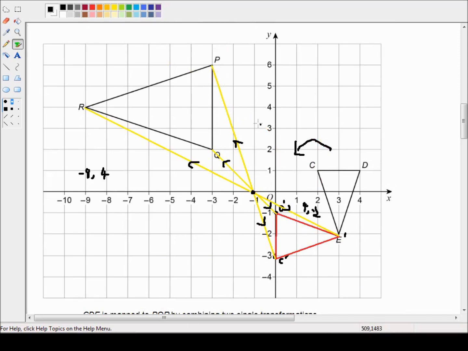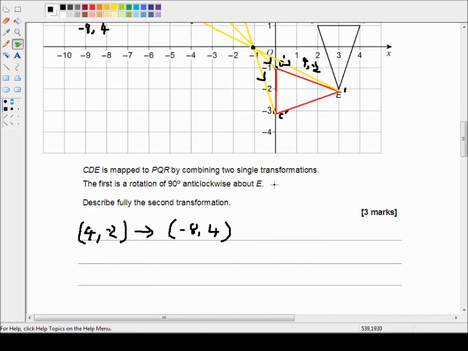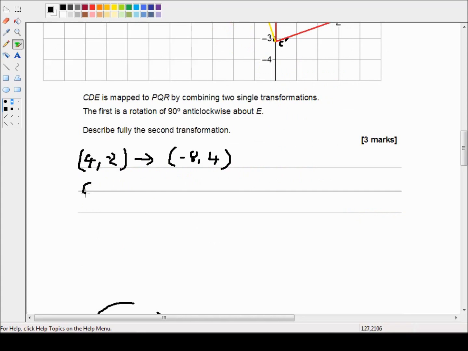Let's go from P to C prime. To get to C prime, we've gone plus 1 along the x-axis and minus 3, so that's 1, comma negative 3.